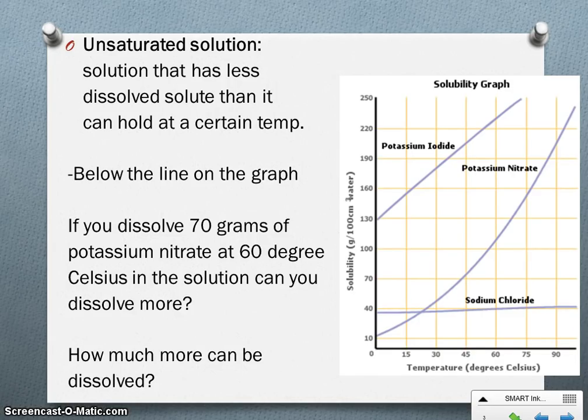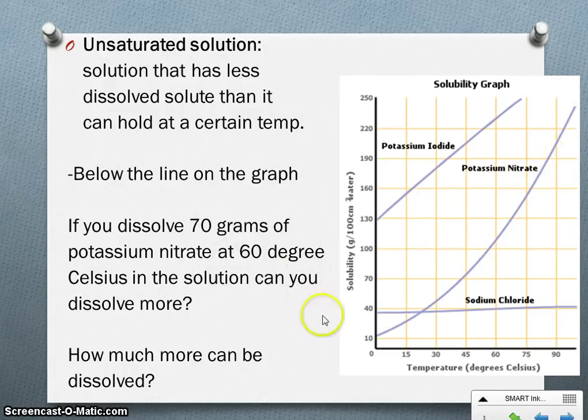So if we're looking at this example here, it says if you dissolve 70 grams of potassium nitrate at 60 degrees in a solution, can you dissolve more? So first of all, potassium nitrate, okay, that's this line here. Remember, any information directly on the line represents a saturated solution. Any area below the line, which is all of this, if our numbers fall in that area, then we know that the solution is unsaturated.